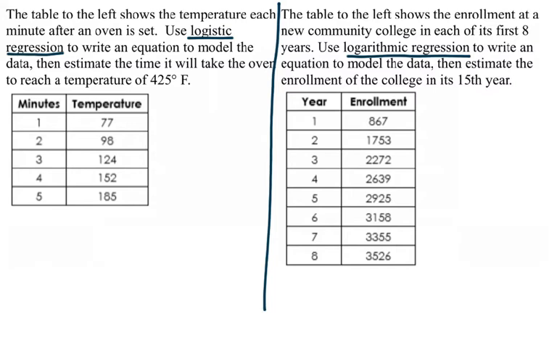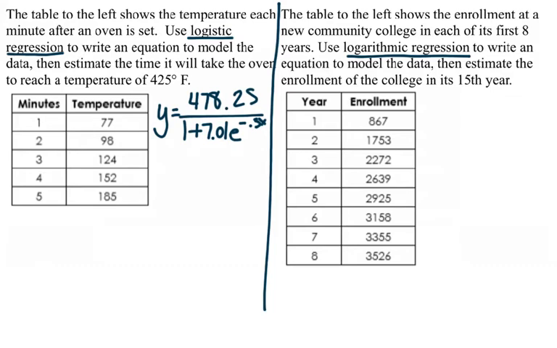So, when you use the model, it's ugly, but it should give you this. Okay, and then we want to use it to estimate the time it will take the oven to reach a temperature of 425.